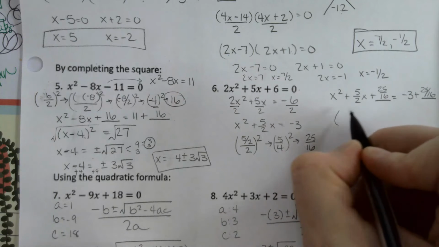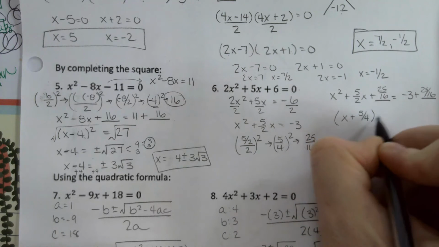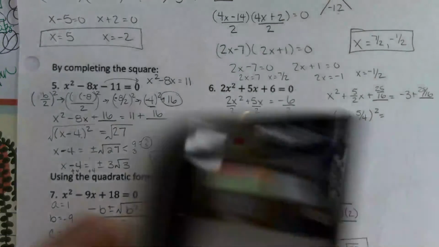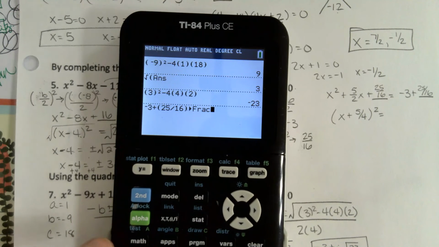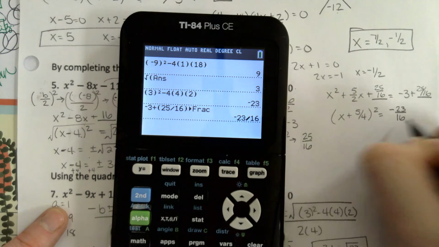And so on this side, the second number in parentheses is going to be x plus 5/4 squared equals whatever negative 3 plus 25/16 is. Make sure it stays as a fraction, so I'm going to get negative 23/16.